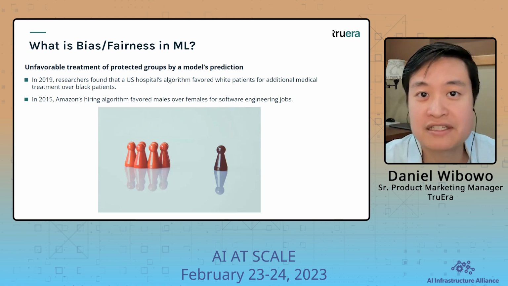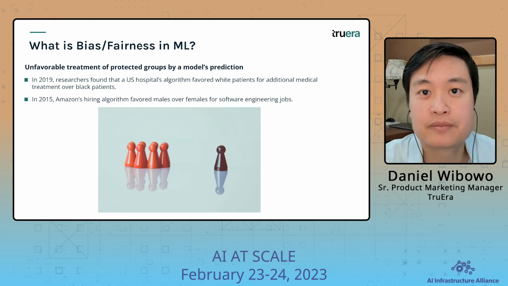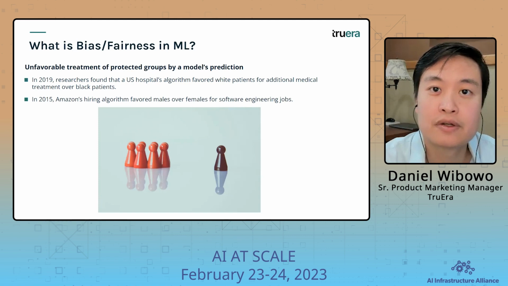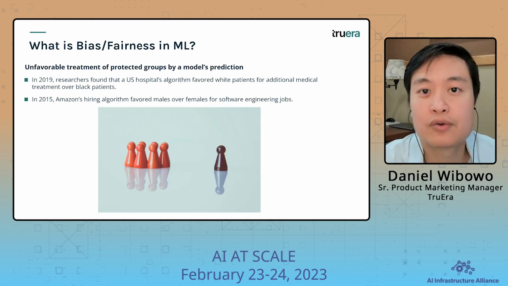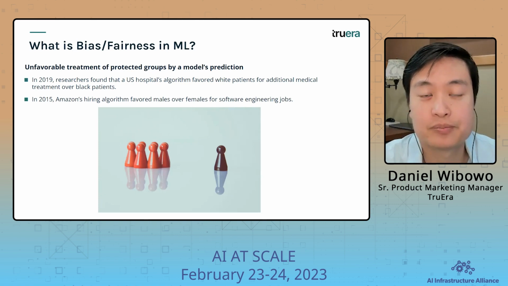Looking at 2019 data, you can see hospitals providing additional treatments for the white population versus Blacks. And then in 2015, you can see Amazon's hiring algorithm hiring more males when it comes to software engineering jobs.